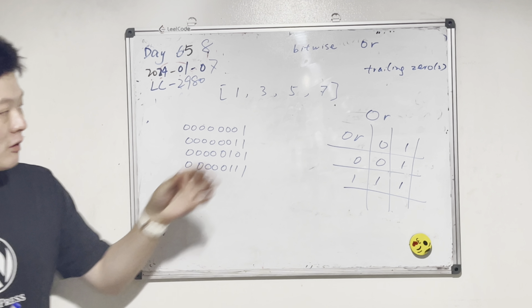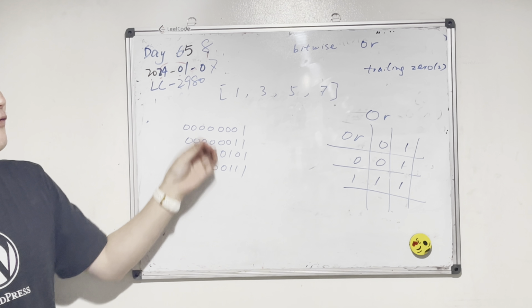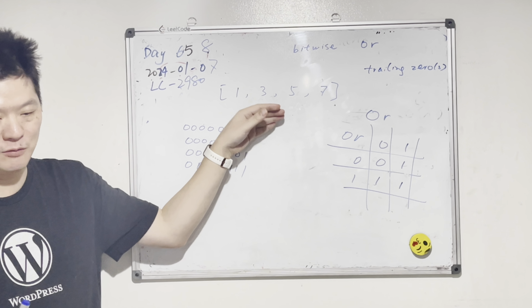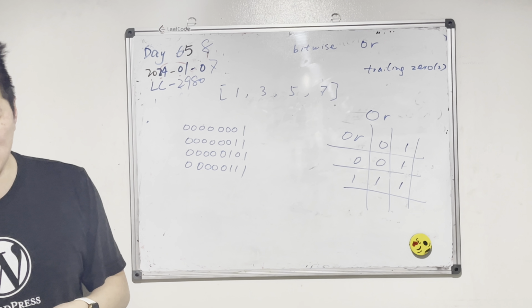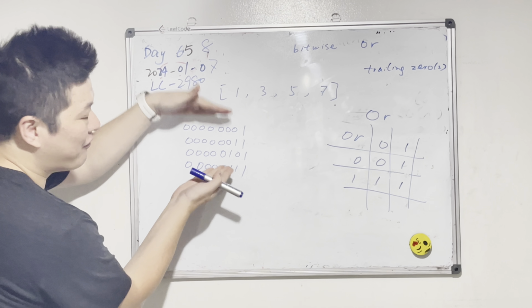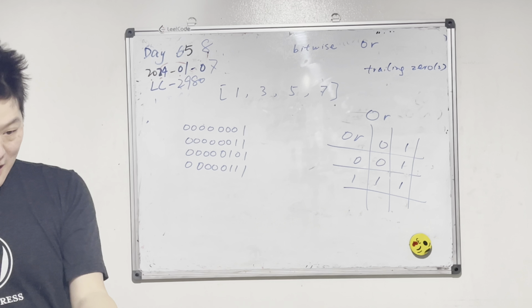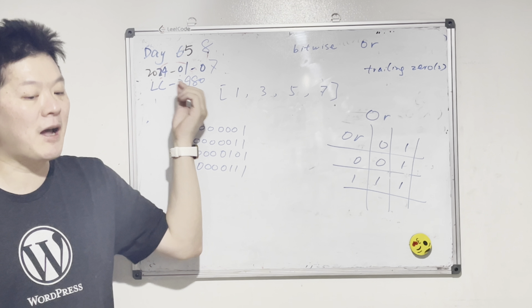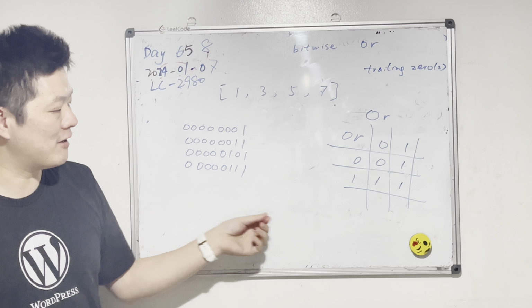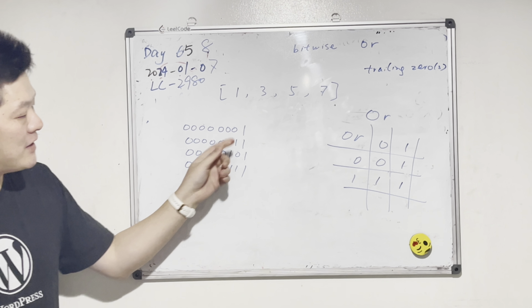Remember the question is whether we can find two numbers in this array of non-negative integers such that the bitwise OR has at least one trailing zero. As you agree, if a number in binary has a trailing zero, it means it's an even number.